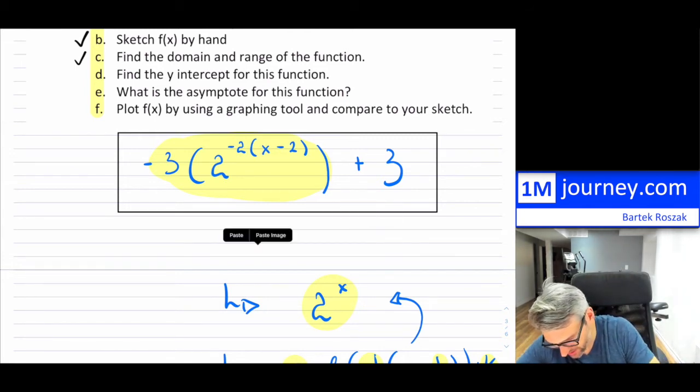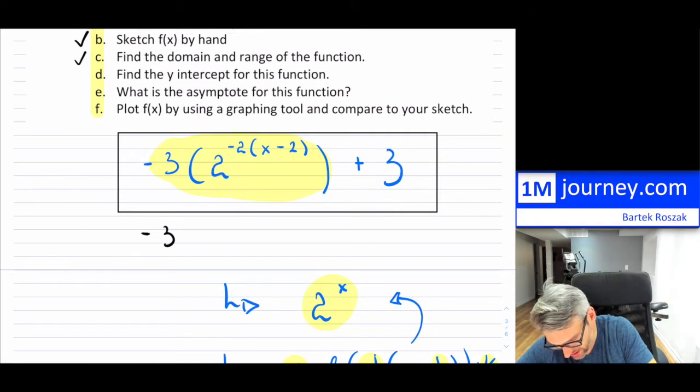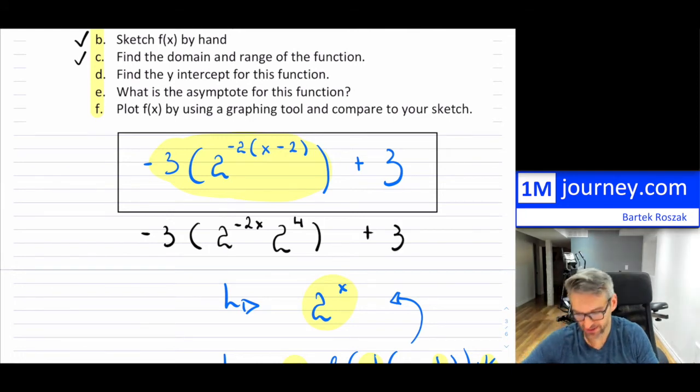Here is where your understanding of exponentials comes in. So what does this mean? This is 2 to the negative, I'm going to bring this negative 2 back, so it's 2 to the negative 2x multiplied by 2 to the 4, because it's the same base.